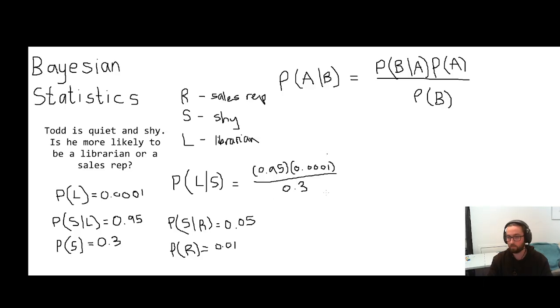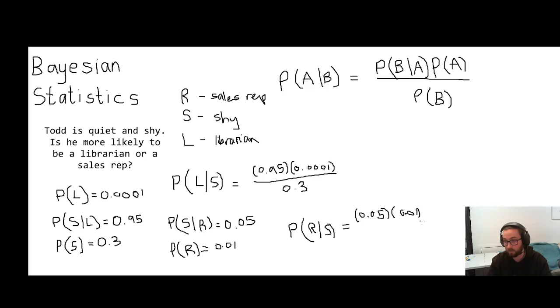Cool. And so now we can calculate the probability of a sales rep given shyness. Plugging in our values, our top value here has gone down to 0.05, but this value has gone up by quite a bit.